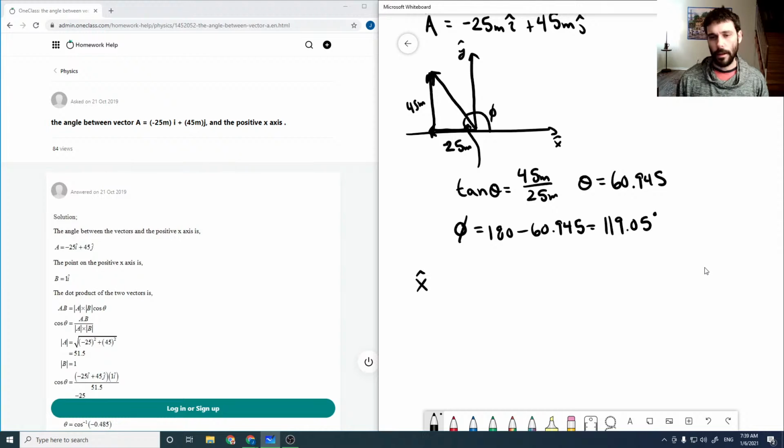So the x hat unit vector is just 1 i hat. So then we could say that A dot x hat is equal to the absolute value of A times the absolute value of x hat times cosine of the angles between them. A dot x hat is just minus 25 meters.